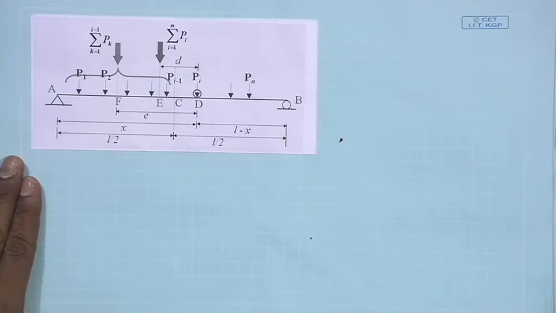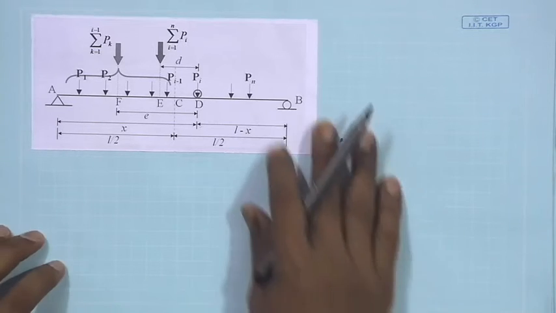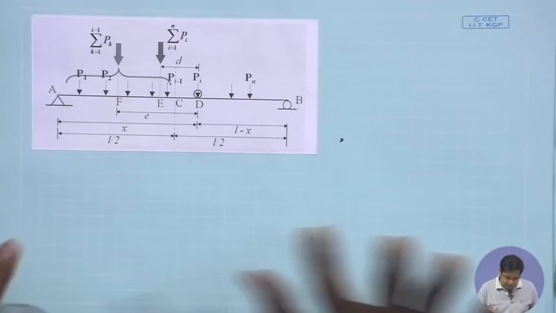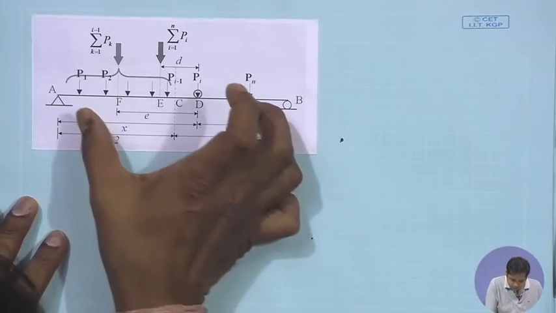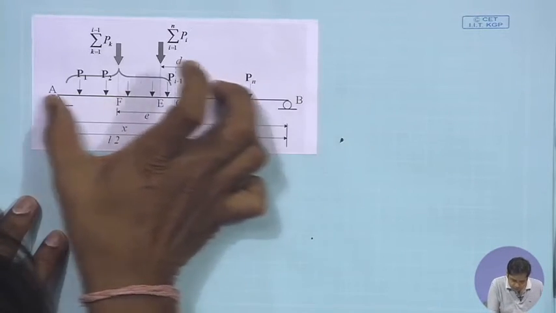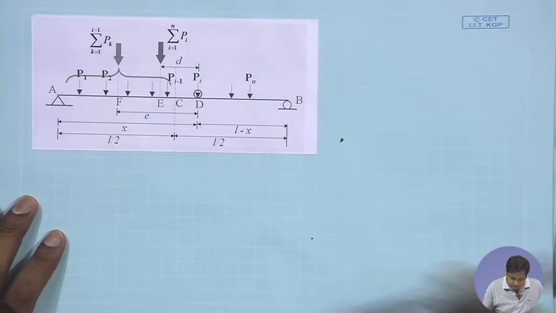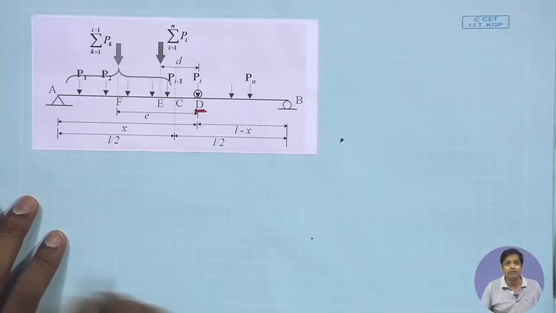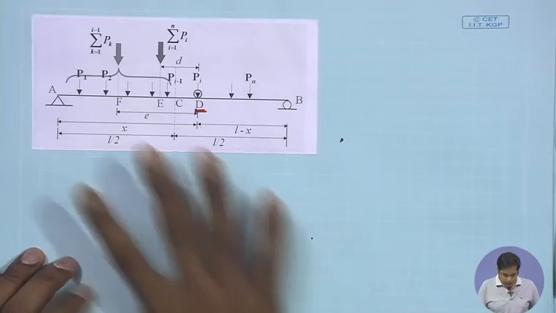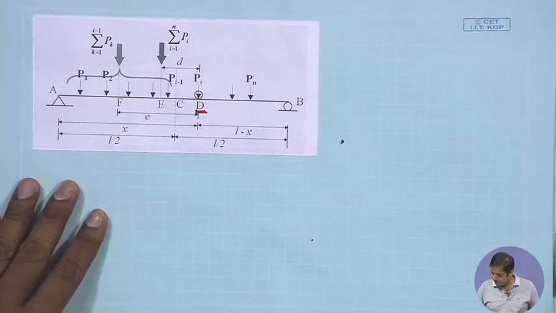Now, what we want to do, as I said, is find out the location of this entire load system for which the bending moment at point D is maximum. Let us draw the free body diagram of the entire system.